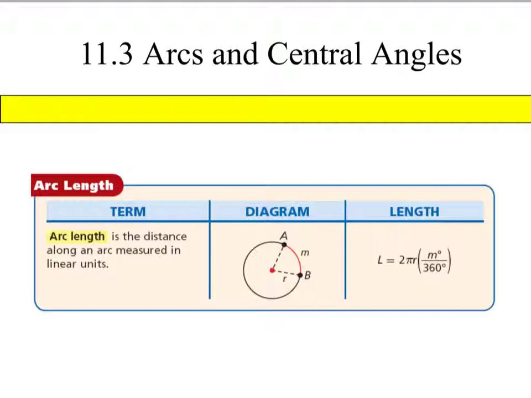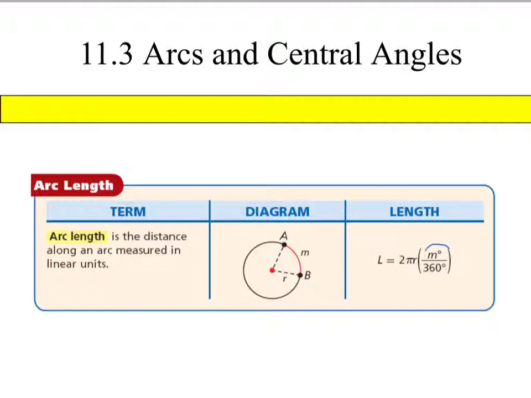However, when you focus on the arc length and the central angle, the arc length is going to be in units. So meters, inches, feet, and so on and so forth. Okay? So write that down. Make sure you know that formula.